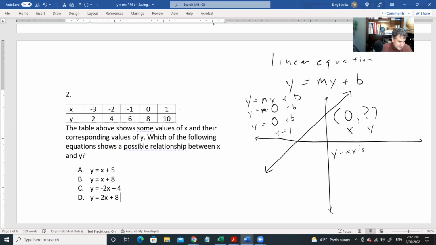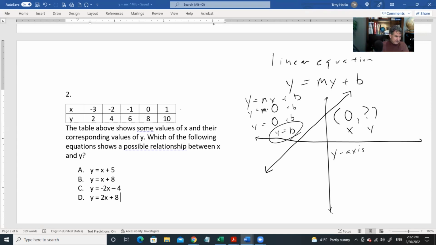Y equals b when x is 0. Okay, so the y-intercept is a y-coordinate where 0 is my x-coordinate.